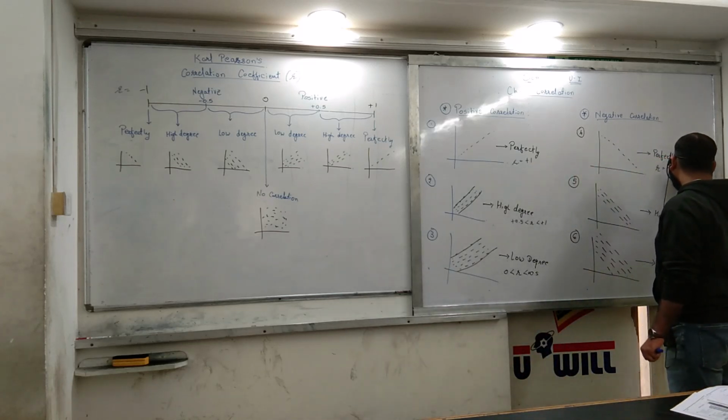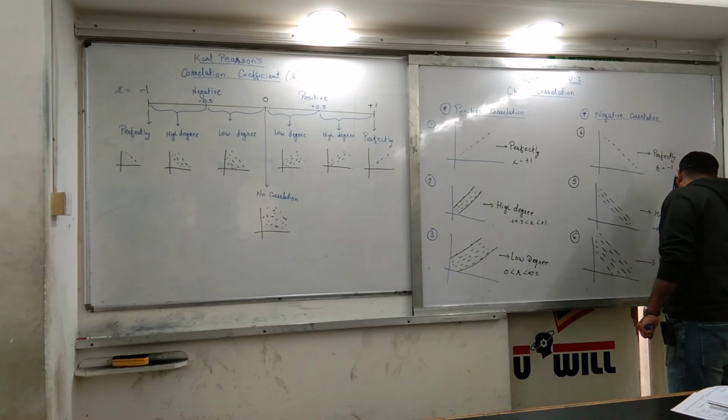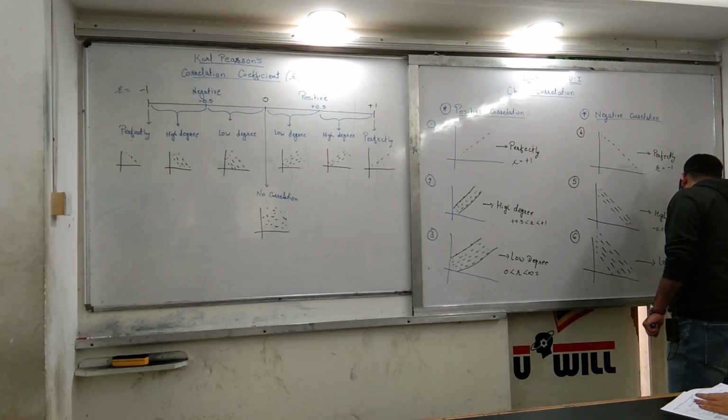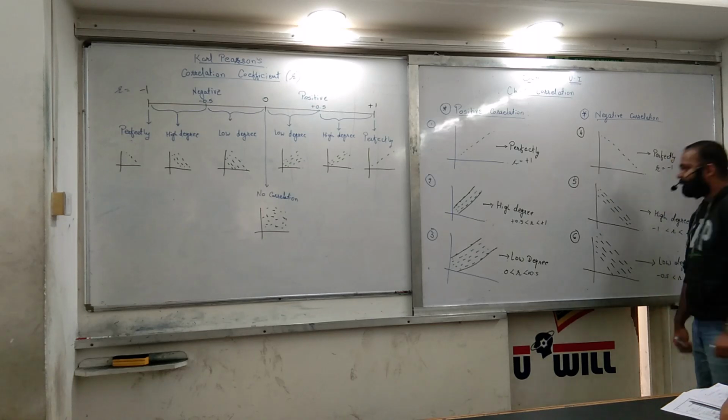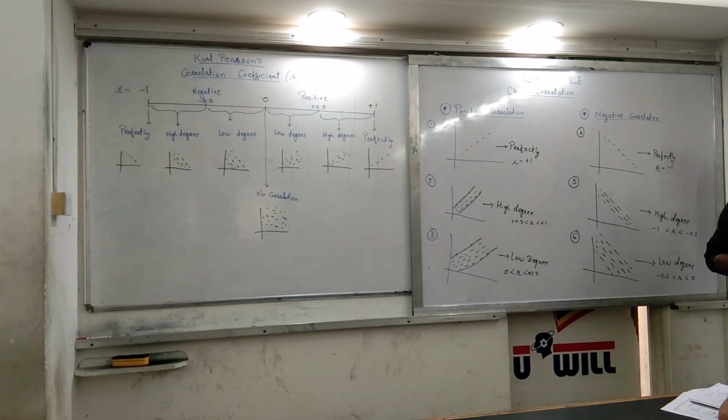Here r is equal to -1, -1 is less than r is less than -0.5, and -0.5 is less than r is less than 0.